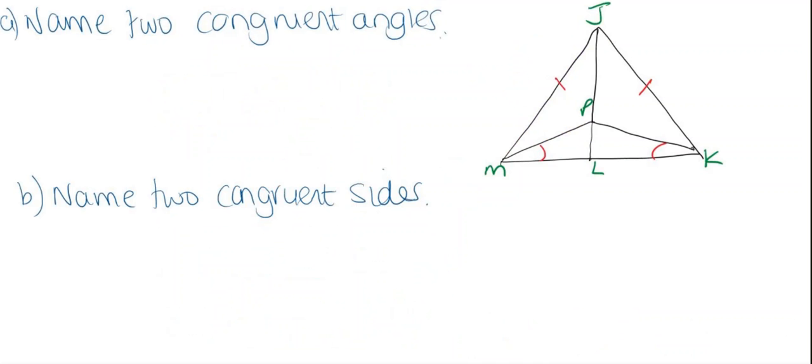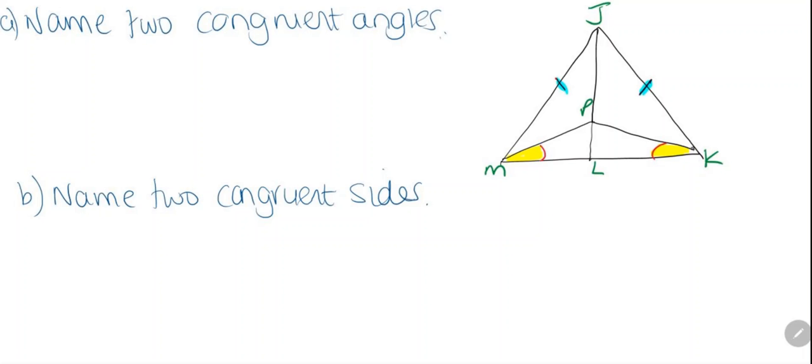Okay, so we're going to name two unmarked congruent angles, and then we're going to name two unmarked congruent sides. So if we look at our triangles, we have a few here. So first of all, two congruent angles. Now we have been given two angles here, so we cannot use those, but we have been given two sides.